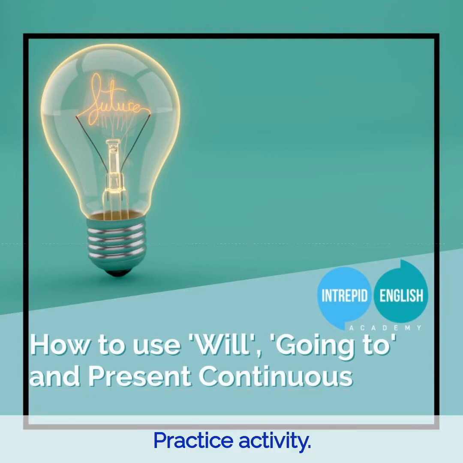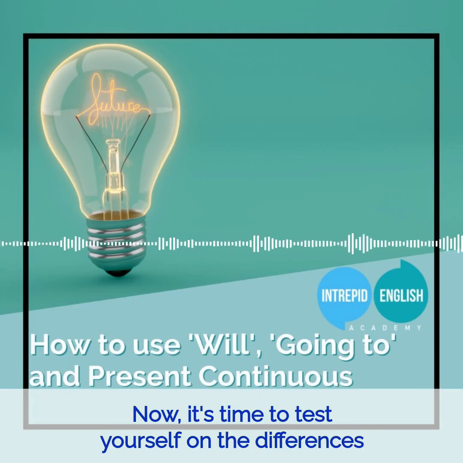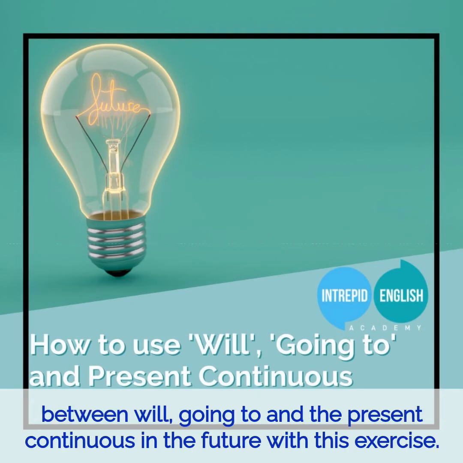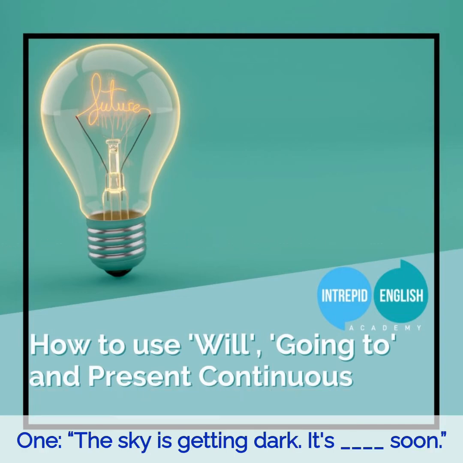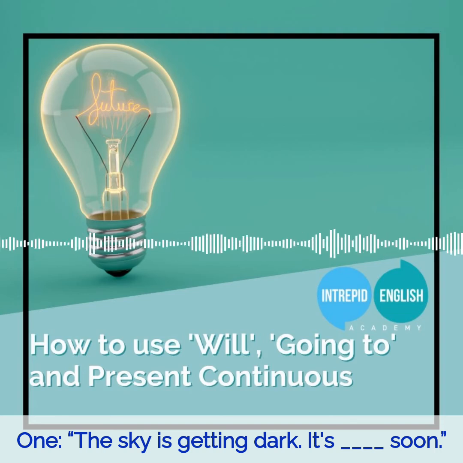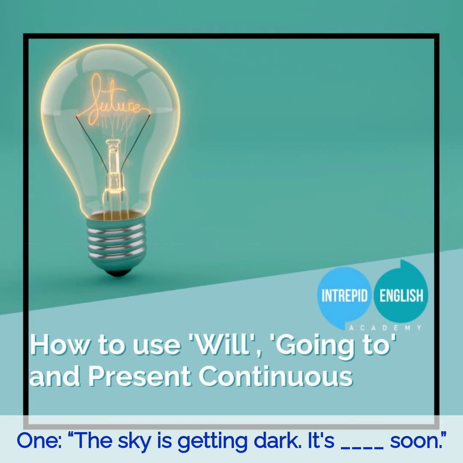Practice activity. Now it's time to test yourself on the differences between will, going to, and the present continuous in the future with this exercise. Select the correct answer to complete the sentences. 1. The sky is getting dark. It's blank soon.